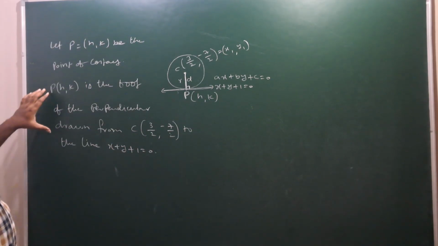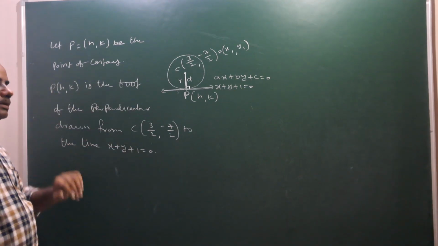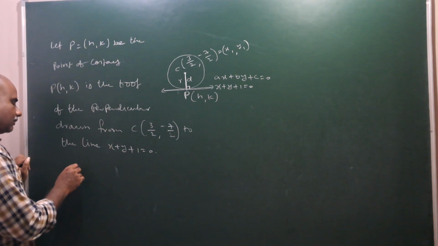Okay. So point of contact means it is nothing but the foot of the perpendicular drawn from the center to the straight line. So what is the formula for the foot of the perpendicular?